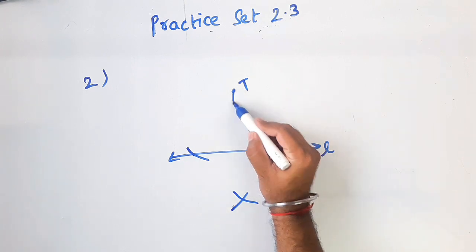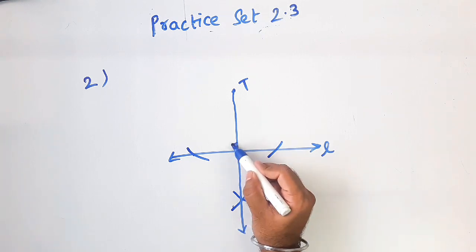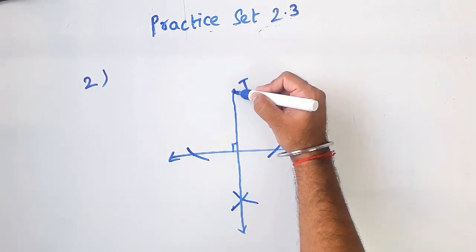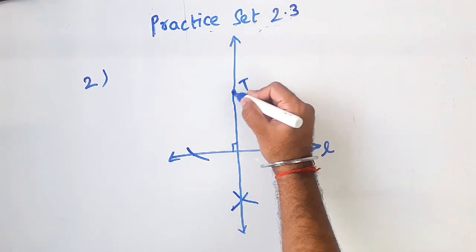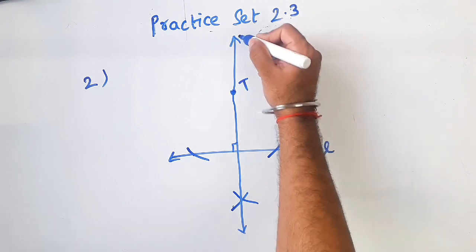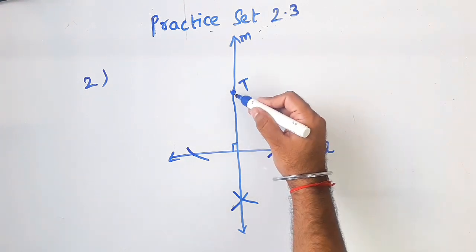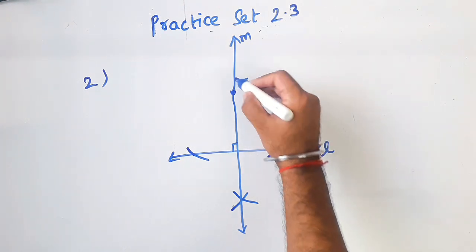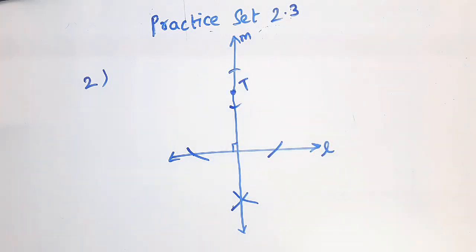Now if you join this, exactly this will be 90 degrees. And again you extend this and name it line M. Now from point T you will take a smaller arc on both sides.